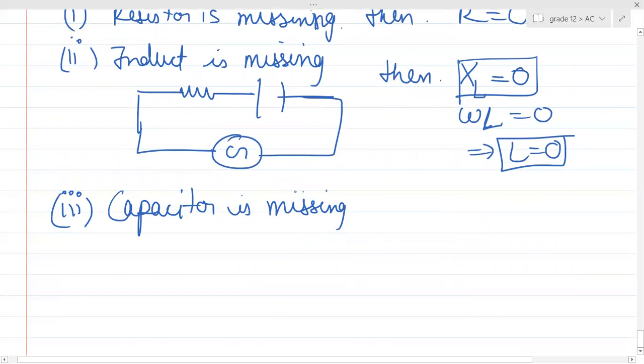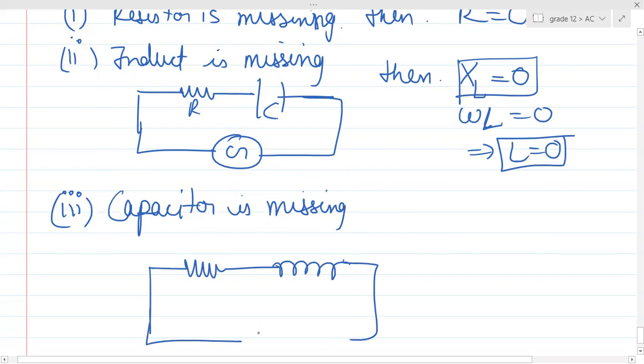Conceptually, guys, suppose you have a resistor and an inductor over here, and I have covered this with a box.